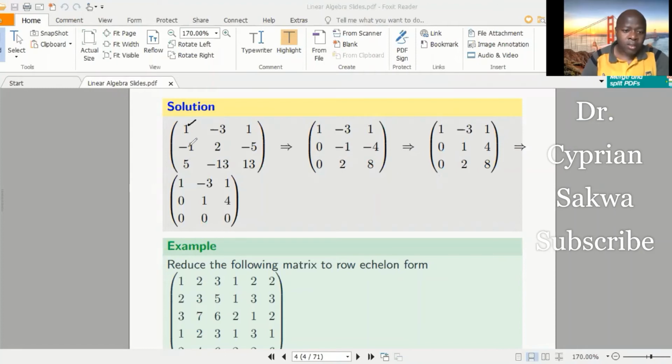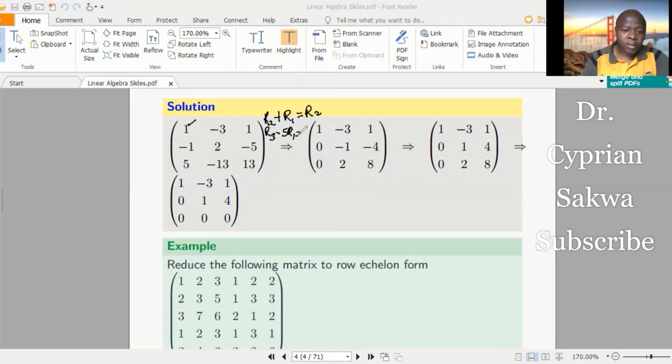To create a 0 below at this point, we'll just take row 2 plus row 1. And this will give me the new row 2 that I want. And to get a 0 in this position, I'll take row 3 minus 5 times row 1.